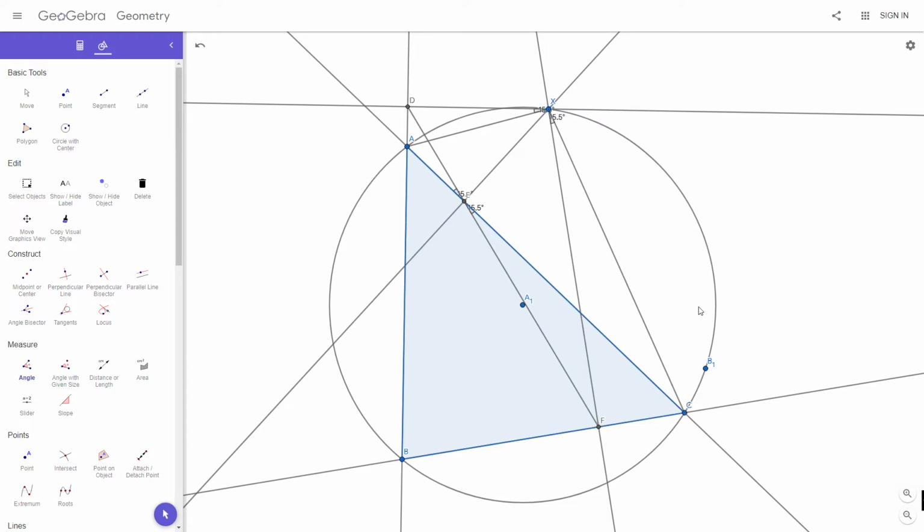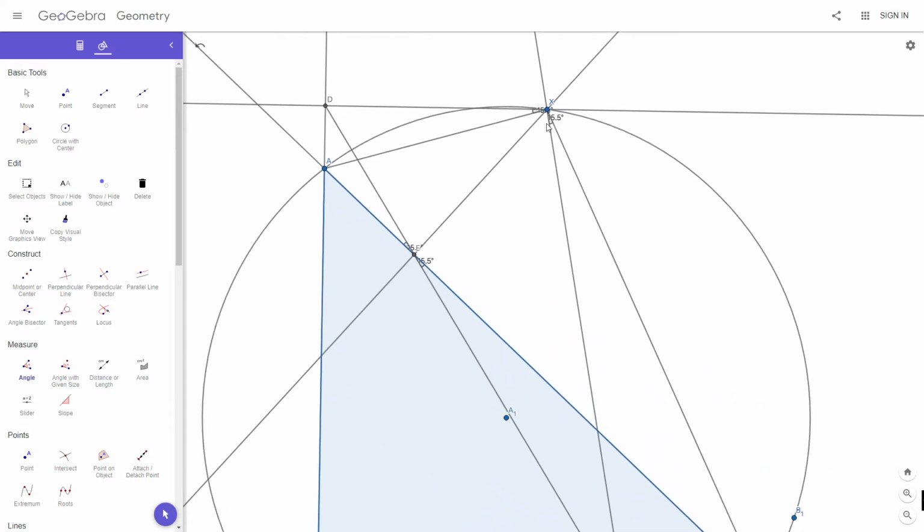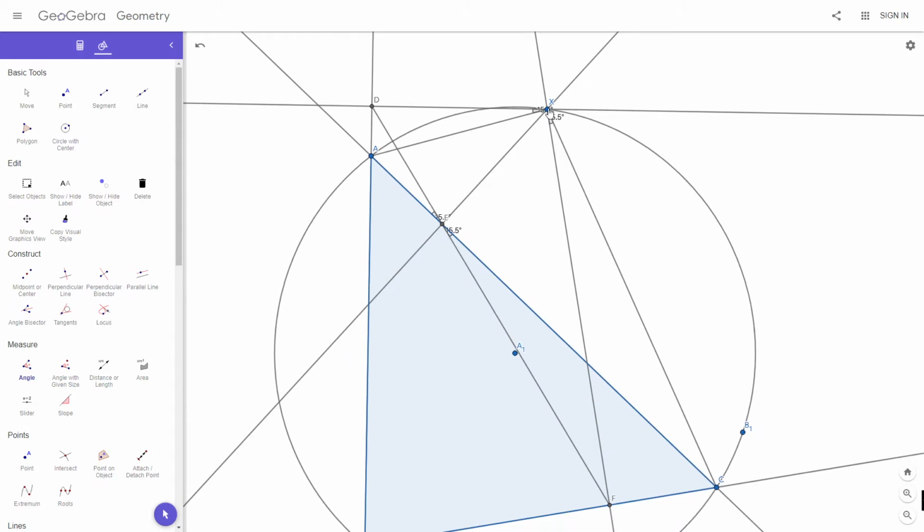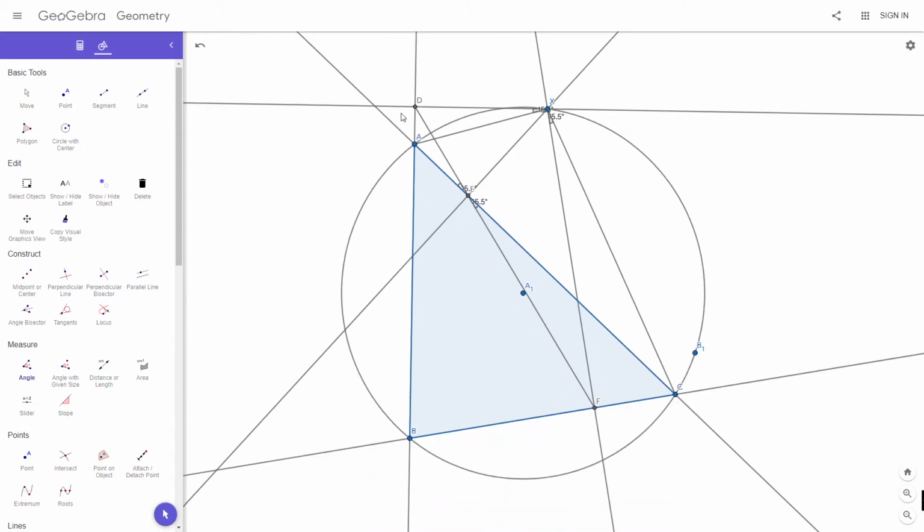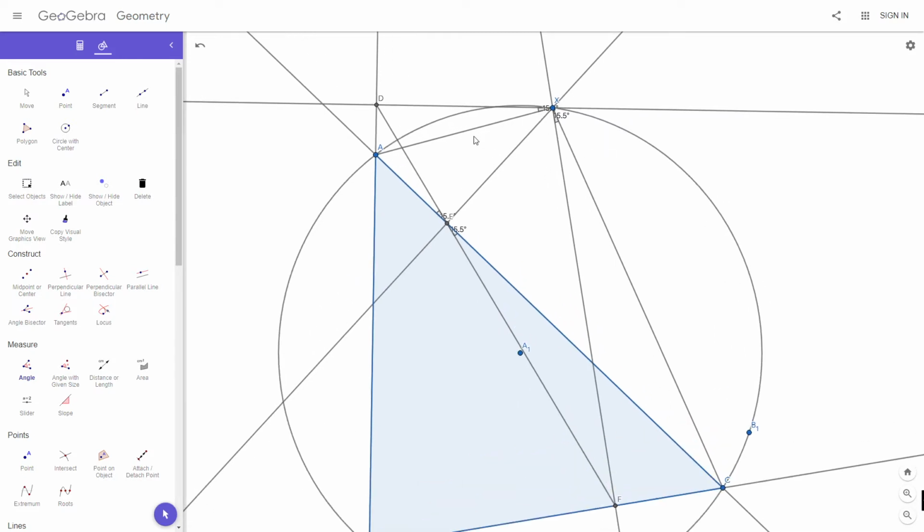Now we just want to show that AXC is equal to DXF, and obviously if that is the case, then we will have that DXA is equal to FXC, just by taking the difference between them, and you must have that those two angles are the same.